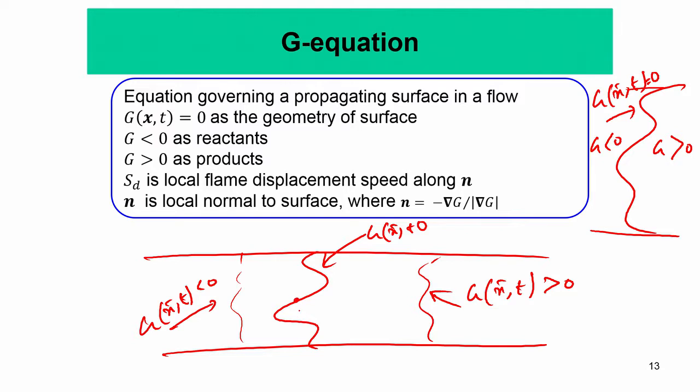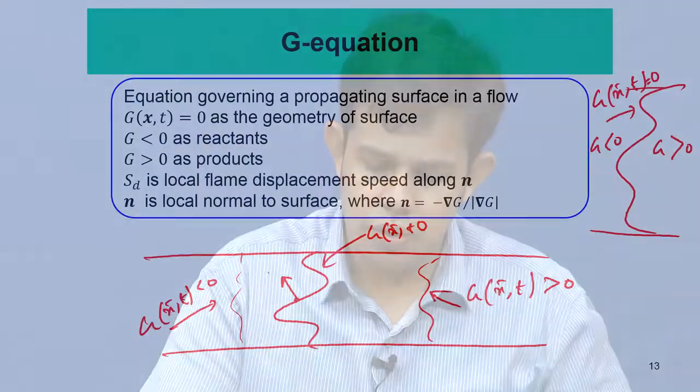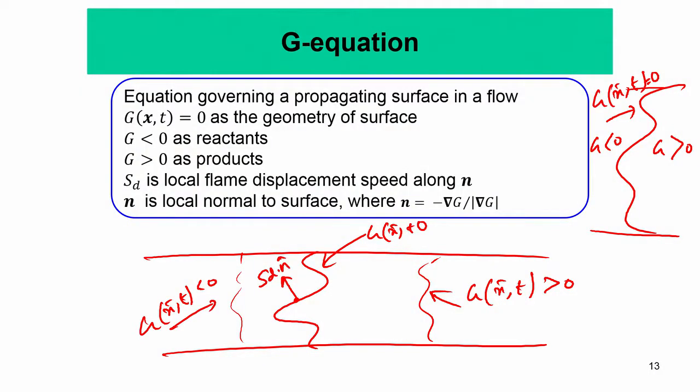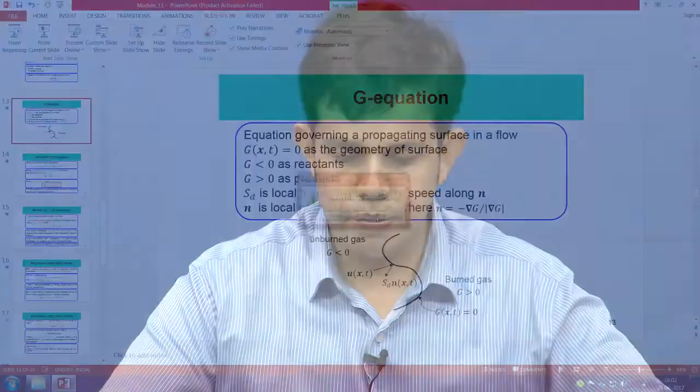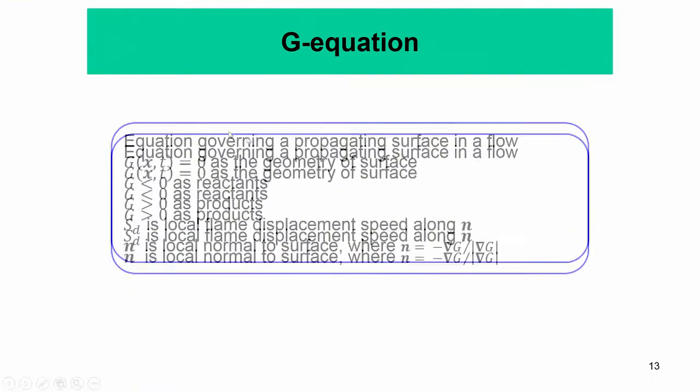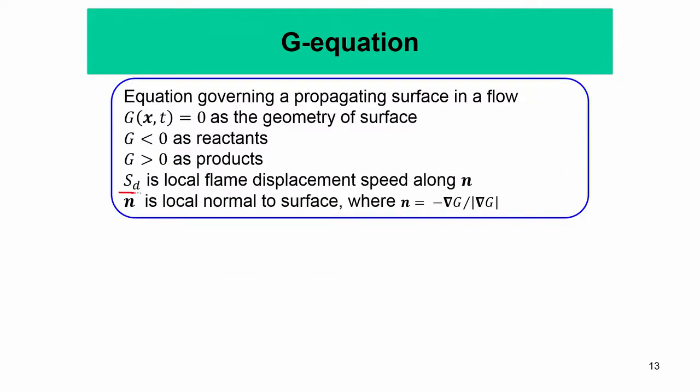Of course, the surface moves with a local flame speed, which is equal to the velocity of the surface relative to the local fluid velocity. This is the flame speed with which it moves, in the normal direction. So this surface is propagating with the local flame speed in the direction normal to itself, a local displacement flame speed along the normal vector.